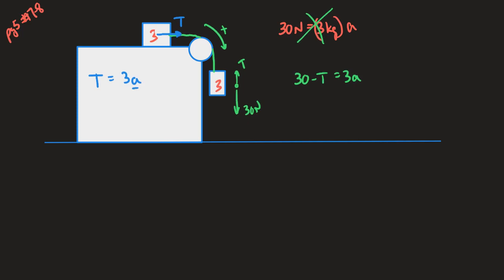The A here and the A here have to be the same because they're connected by a single light string. So when I do my substitution, I'll get 30 minus 3A equals 3A, or 30 equals 6A. That means the acceleration is 5 meters per second squared.